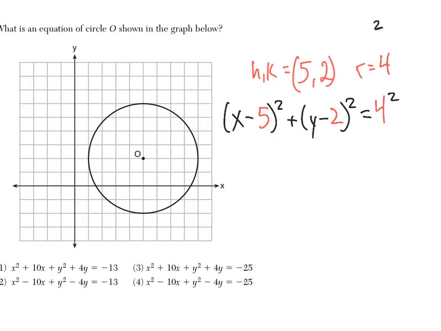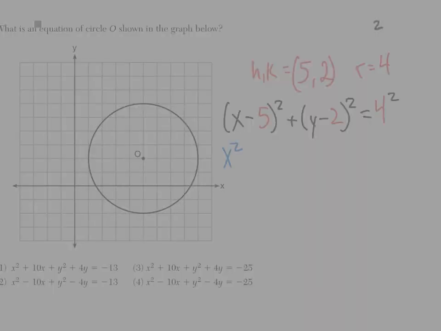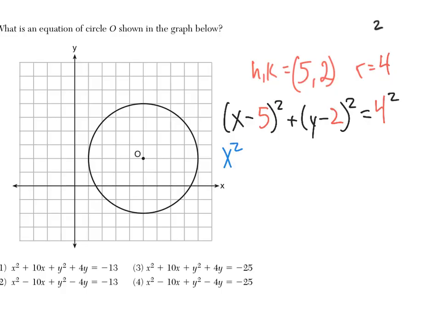Now we need to FOIL x minus 5. x times x is x squared. x times negative 5 is negative 5x. Then, going first, outer, inner, last, it's again negative 5x, and negative 5 times negative 5 is positive 25.